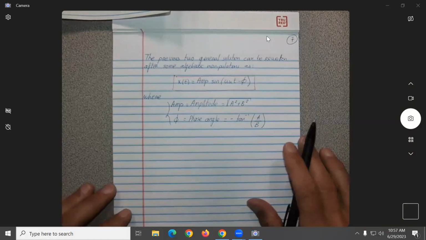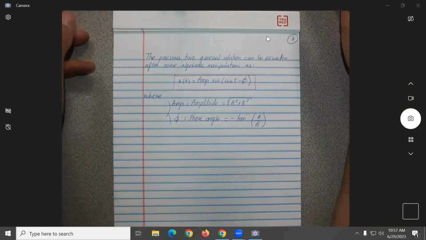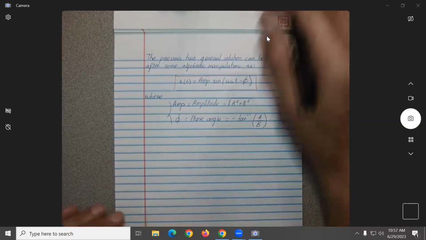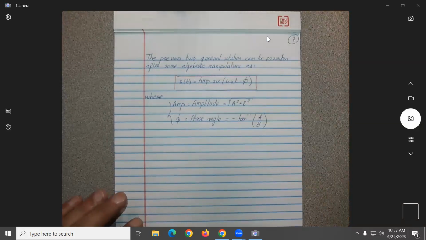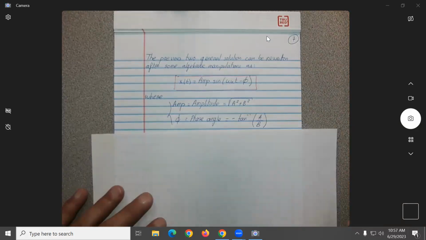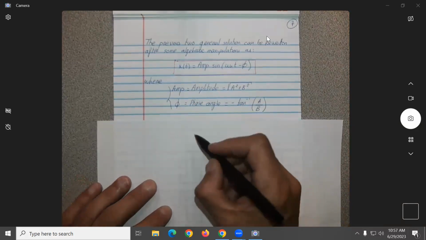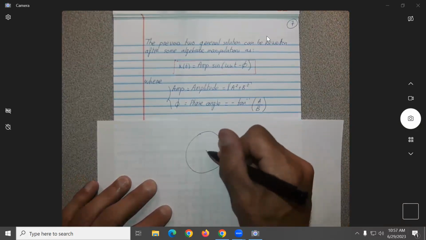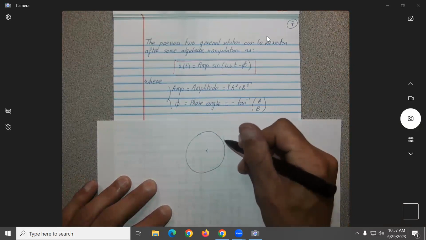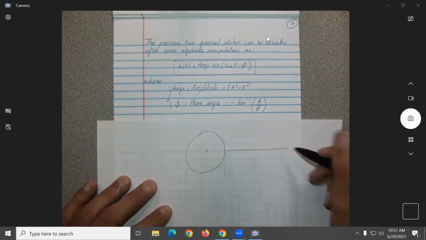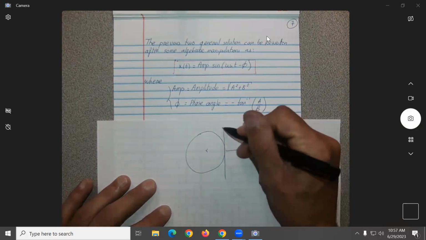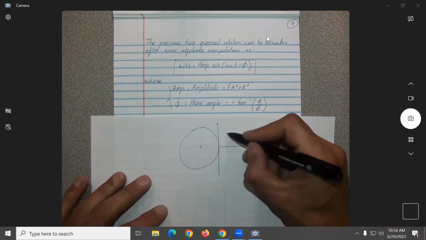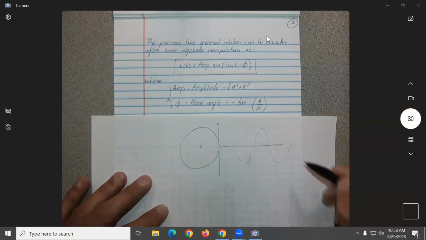I'd rather do a figure with the physical understanding. Okay, so let me take one of these pages. If you remember, we have been saying that we could replace the motion around a circle by a wave that does something like this.